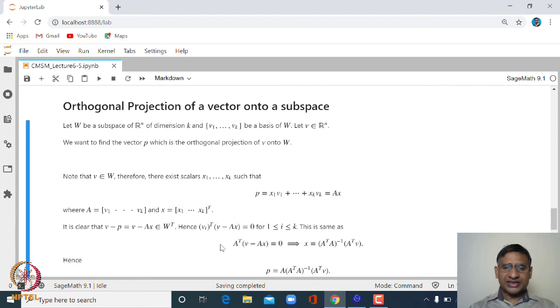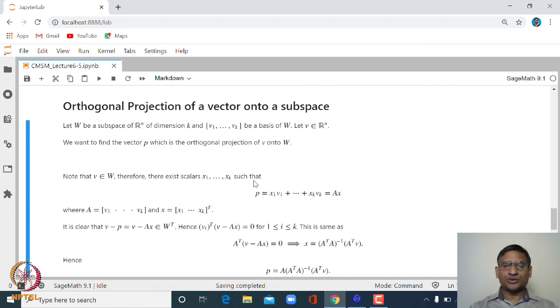That can be translated into A transpose (V minus AX) equal to 0, and when you work it out, we get A transpose V equal to A transpose A X. Therefore, if A transpose A is invertible, X is equal to (A transpose A) inverse times A transpose V. A transpose A is invertible because A is a matrix whose columns v1, v2, ..., vk are linearly independent.